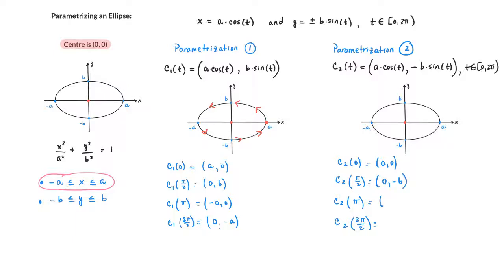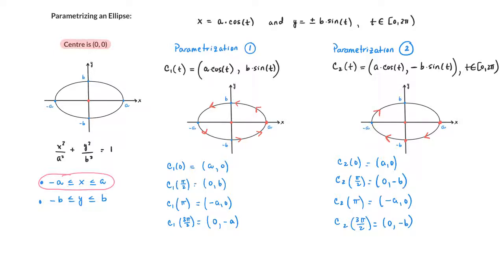And then for pi, negative a comma 0. And for 3 pi over 2, we're going to get 0 comma b. So that means same start at a comma 0, but now we go in this direction. That means clockwise.